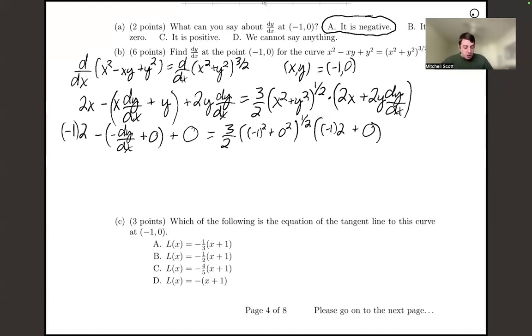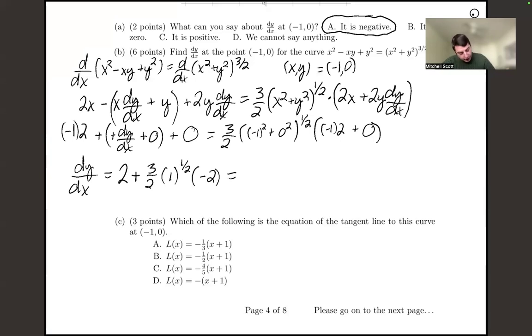Okay. So this is good because 1 dy dx remains, right? So we didn't cancel out everything, right? So now what we're going to do is just solve for dy dx, right? I'm seeing a negative and a negative. That's going to make a positive. So I'm going to have dy dx equals, that's 0, I don't care about. This I can move over, right? So I'm going to have 2 plus, here we have 3/2 times -1 squared, which is 1, the square root of 1, times -2.